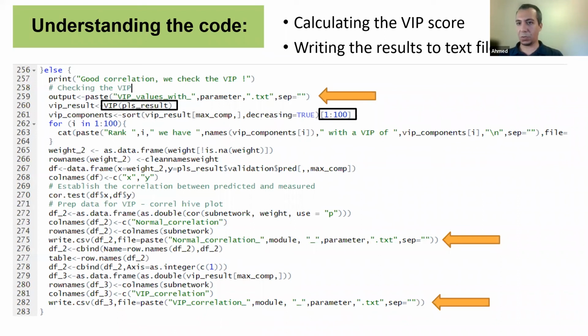We don't want to look at all of these. We only want to look at the things that were on the upper right, like the top 100 or so, instead of diving through a lot of data. And you can also export the VIP scores and the Pearson correlation, paired with each of these OTUs, so that you can look at them later.